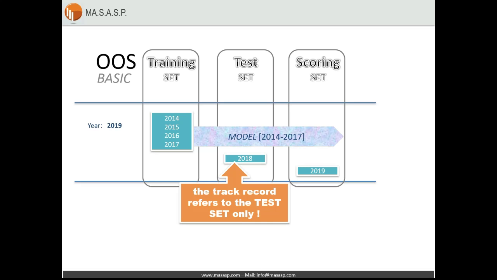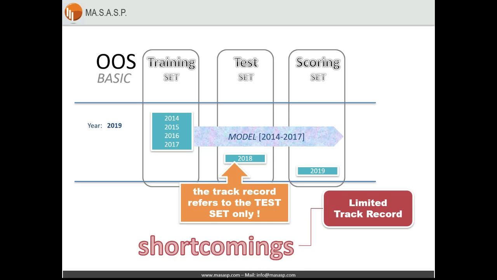Nonetheless, it involves a couple of shortcomings. The first shortcoming is the limitedness of the out-of-sample. It is confined just to 20% of the overall dataset, which means 1 year only in this example.